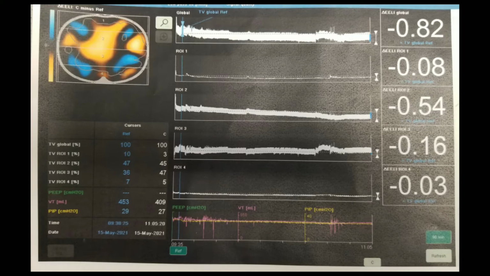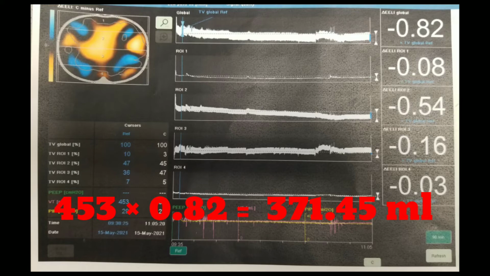So for the global reference, the tidal volume is 453. So you multiply that by 0.82 and you will get the change in volume. So when I multiply the 0.82 times the 453 in my reference, I get a global decrease in end expiratory lung volume by 371 mLs.